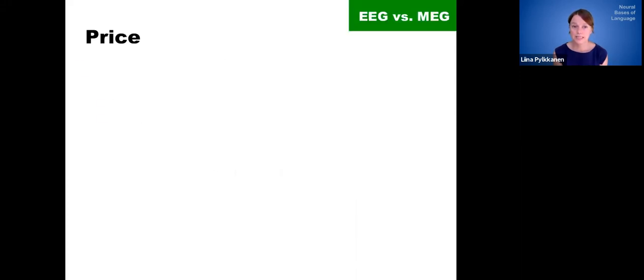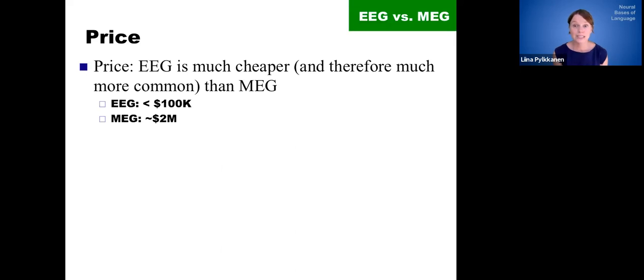First of all, price. There's a big difference in price. EEG is much, much cheaper than MEG. You can certainly get an EEG system for less than 100K, but MEG systems, because remember you have to buy the room too, the magnetically shielded room, are more like a couple million dollars.